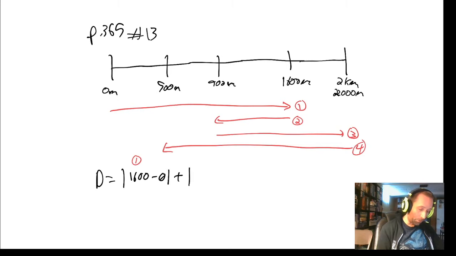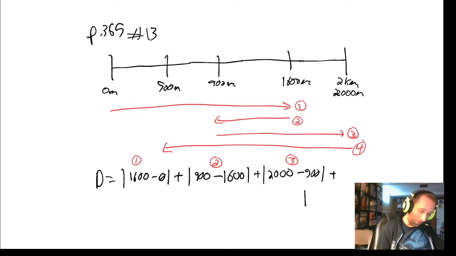Then for part 2, they ended up 900 meters from the start, and they started 1,600 meters from the start. So this relates to part 2. Part 3, they ended up at the end from 900 meters. So there's part 3. And I'm going to have to squish this in here a little bit. And then they went back to 500 meters from the end of the race. So this is part 4.